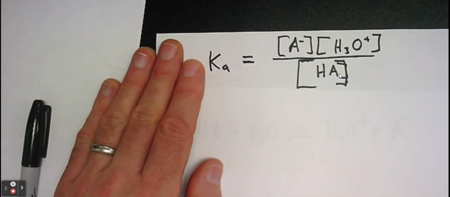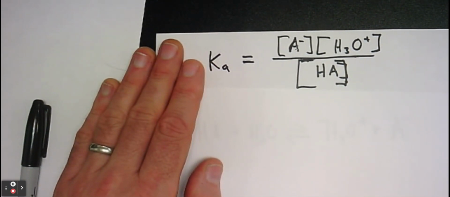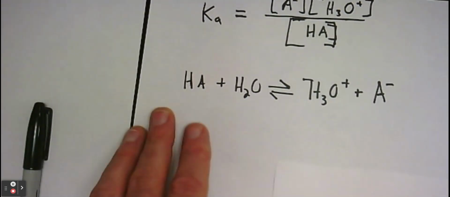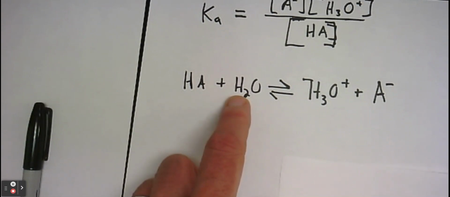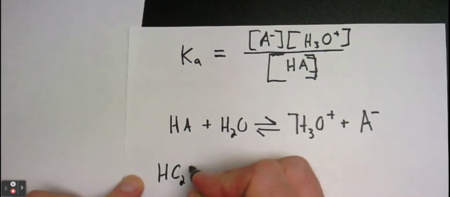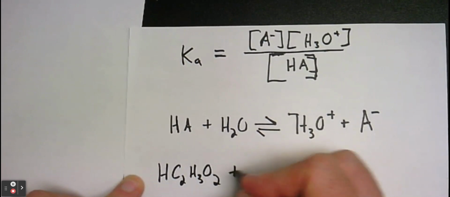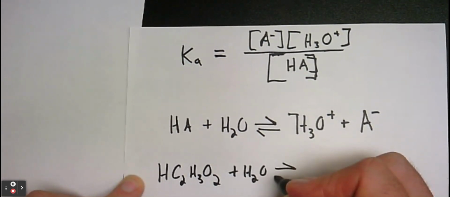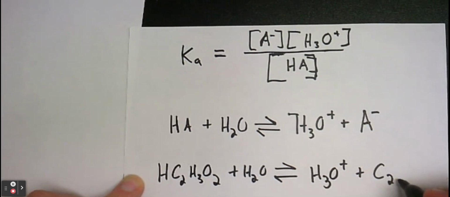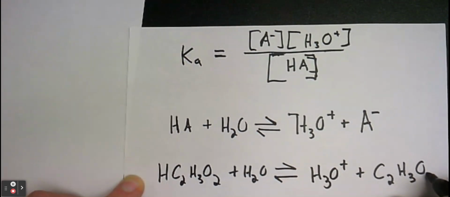So the Ka here is the formula. You've got the concentrations of your conjugate base and your hydronium over the concentration of the acid itself. And that comes from writing out the expression like this with water. If I had an acid like acetic acid, it's going to form hydronium plus acetate ion.